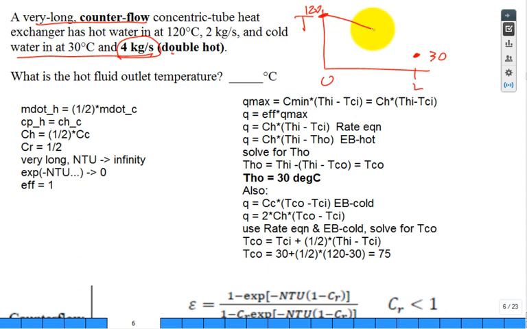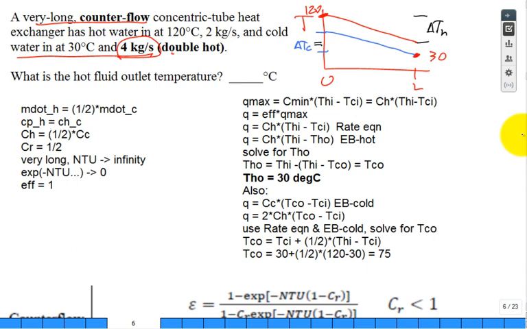The hot may do something like that, and the cold has less of a slope because it's faster going through, and the m dot's higher. Hence, the change in temperature of the cold fluid from inlet to outlet is not as great as the change in temperature of the hot fluid from inlet to outlet. Make sense? Actually, the temperature change in the cold fluid should be half of the temperature change of the hot fluid from an energy balance perspective. Anyway, you can follow through the math.